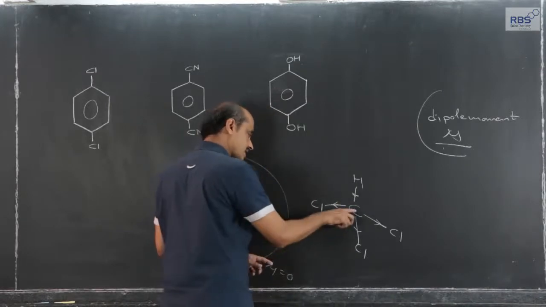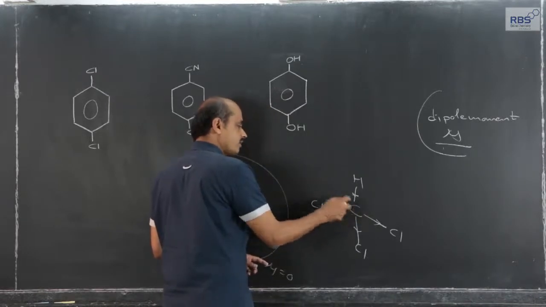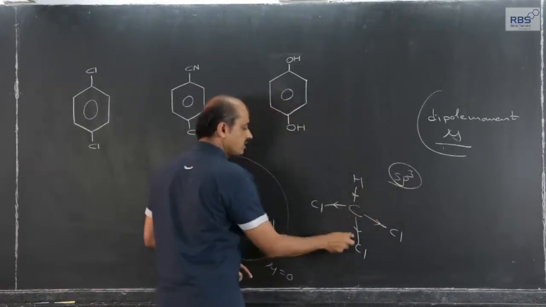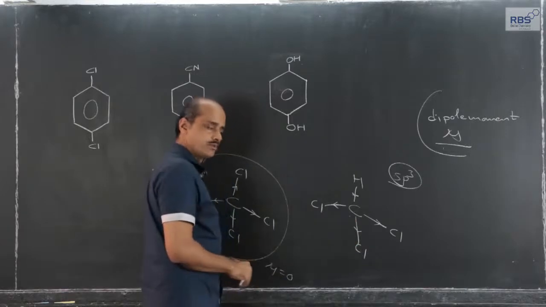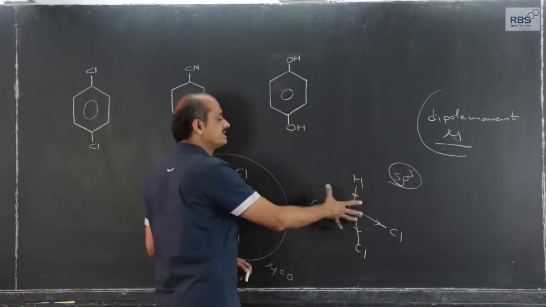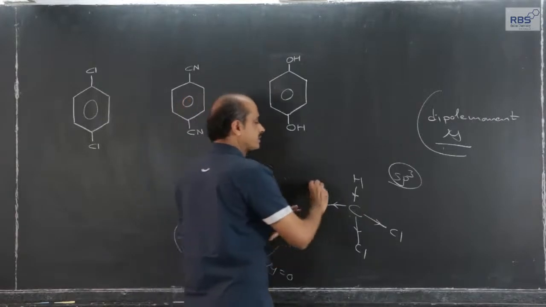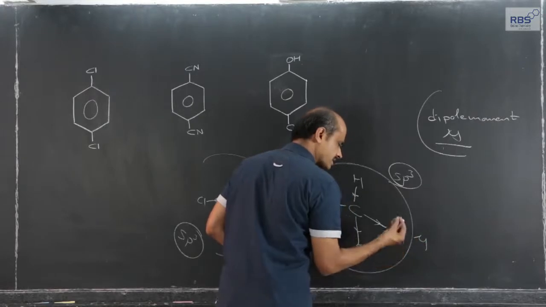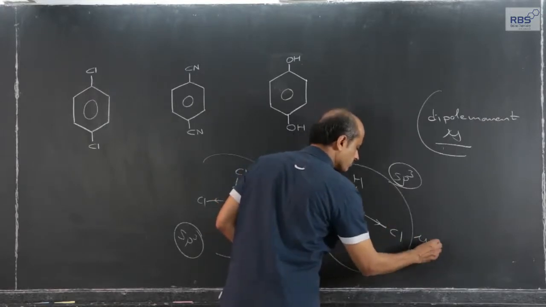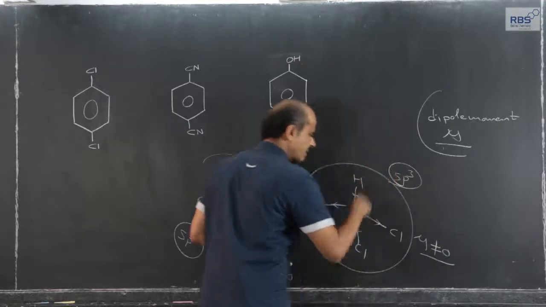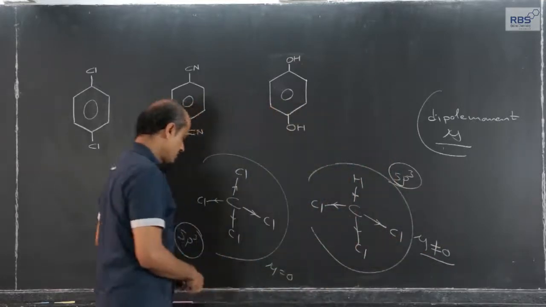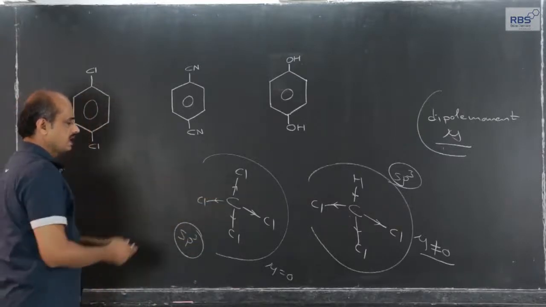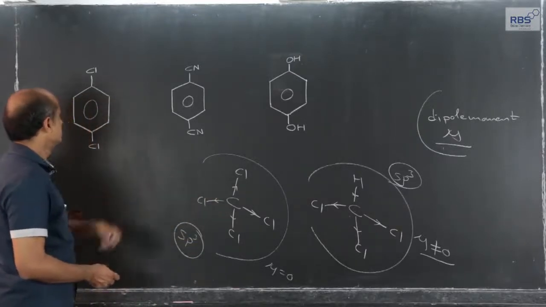Again carbon has formed 4 single bonds, therefore here again carbon is sp3, but all the bond pairs are not identical, and therefore they will not compensate each other's effect. The effective polarity, the dipole moment of this molecule, will not be too large, it will be slight, but it will not be equal to 0. It will have a certain value, while here it will be equal to 0. That I have already explained, but still.